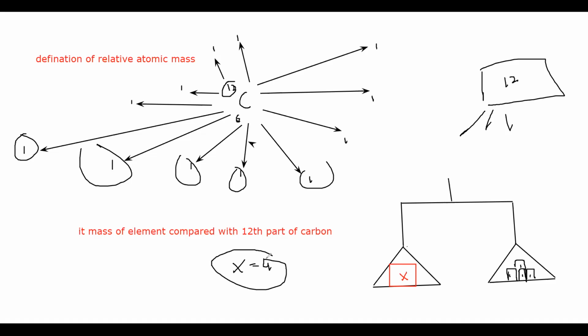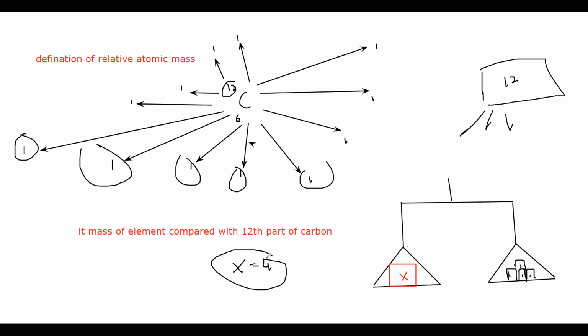So again, I repeat, this is a theoretical definition. It's just a theory which explains how you find the atomic mass. It states it is the mass of an element compared with the 12th part of carbon 12. When I compare the mass of an element with the 12th part of carbon 12, we call that relative atomic mass, not atomic mass, relative. Why relative?